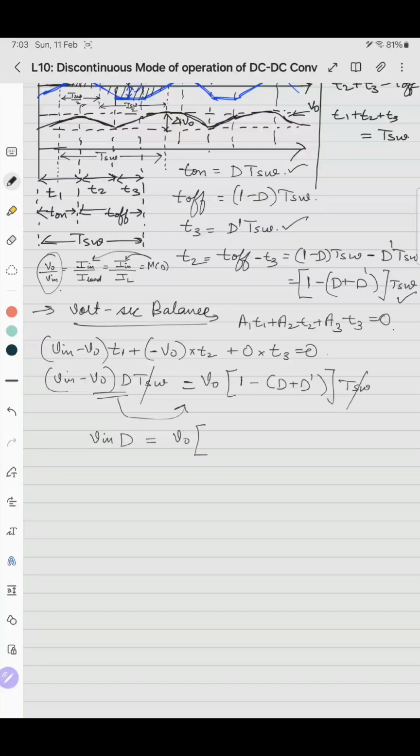If I take V0 common, it will be D plus 1 minus D minus D dash. So this gets cancelled. So RHS becomes V0 into 1 minus capital D dash. Therefore the expression for V0 is D by 1 minus D dash into V in.